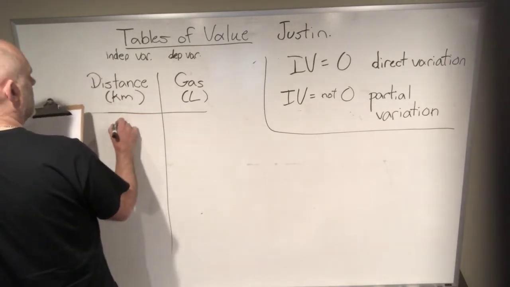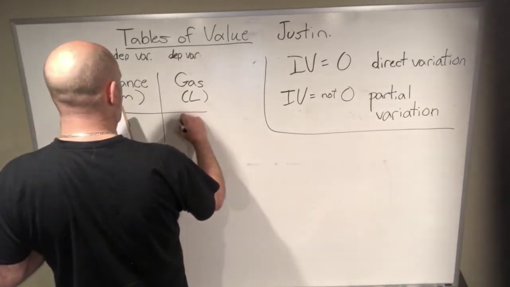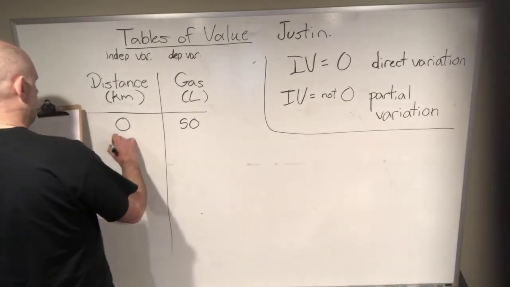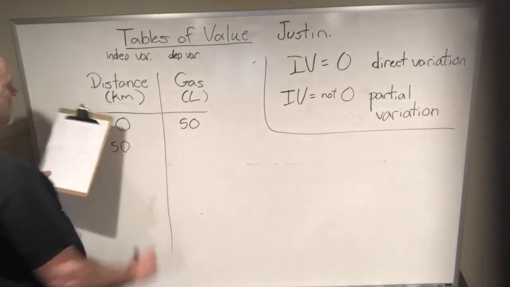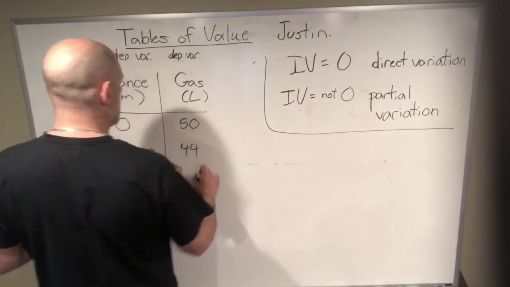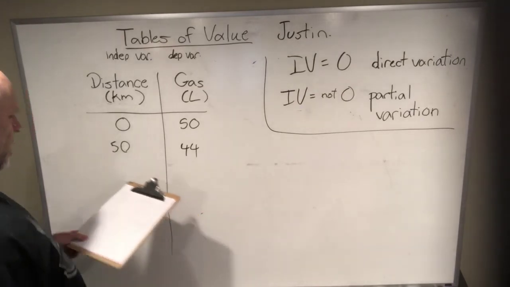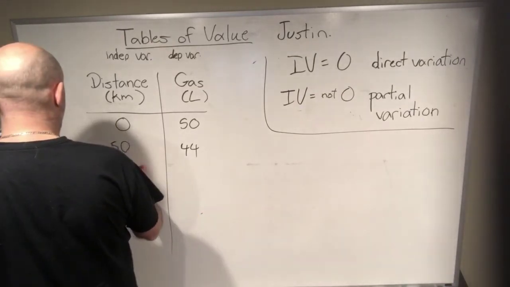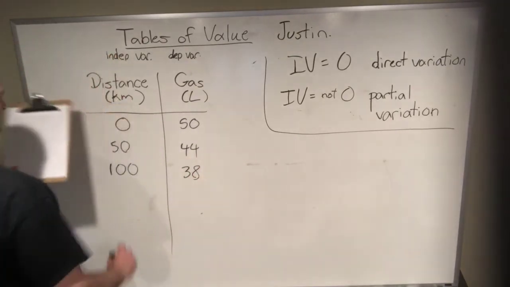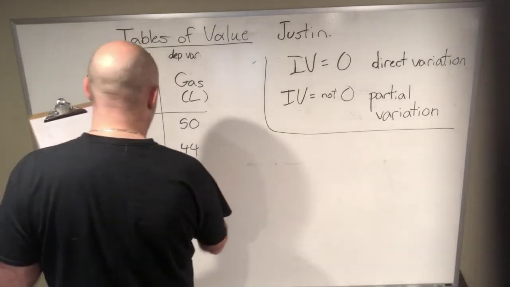So I've gone 0 kilometers, and starting off, I have 50 liters of gas, and I'm going on a little trip. 50 kilometers later, I have 44 liters of gas. Then after 100 kilometers, I have 38. After 150 kilometers, I have 32.